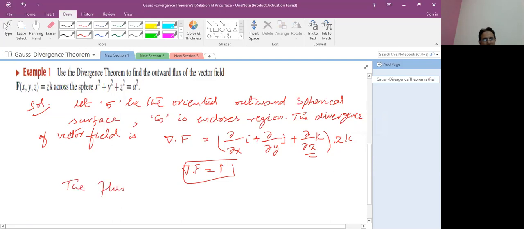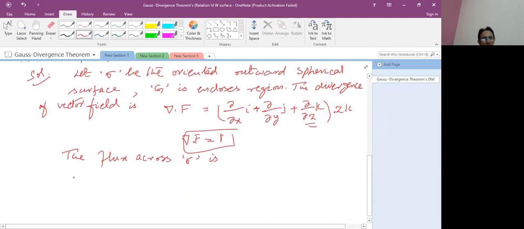The flux across sigma, phi, where phi represents the flux, is the double integral over sigma of F dot n dS, which is equal to the triple integral over G of del dot F dV, and del dot F is 1, so the triple integral over G is equal to dV.